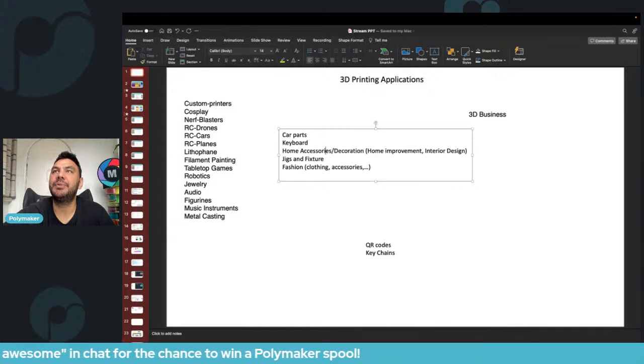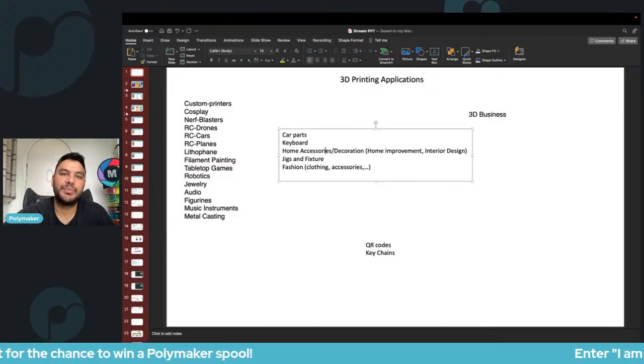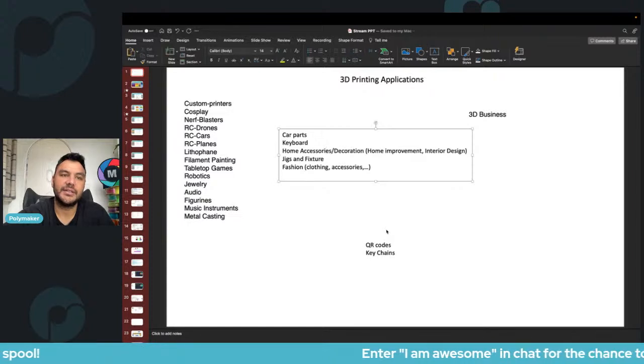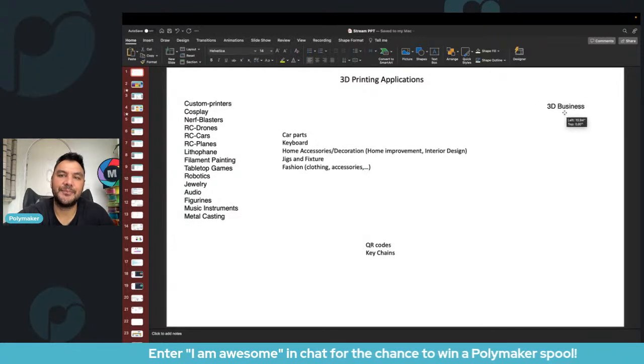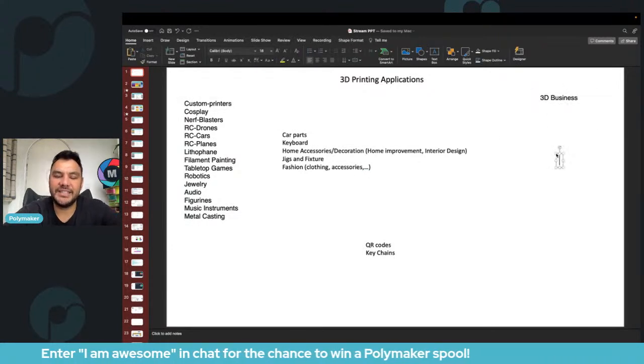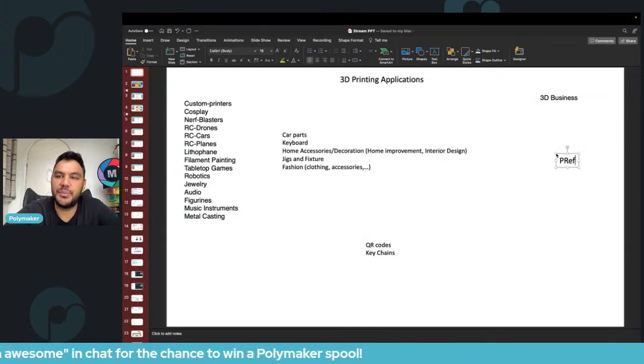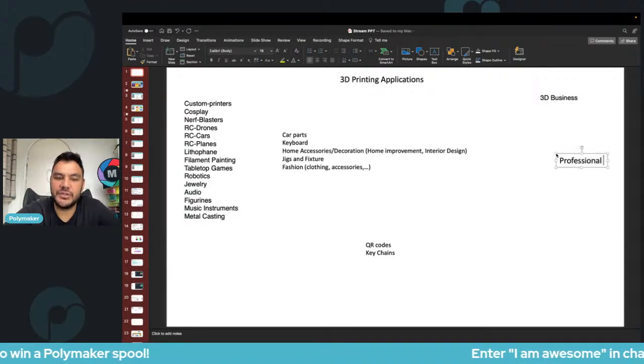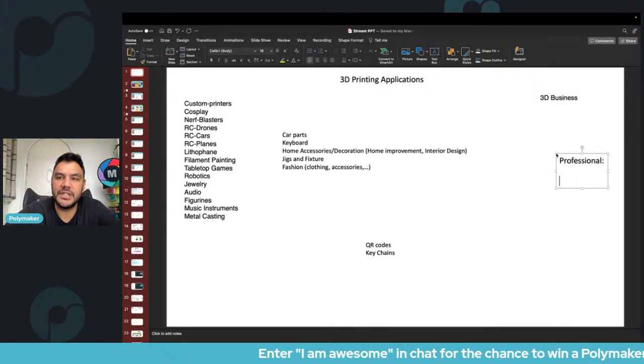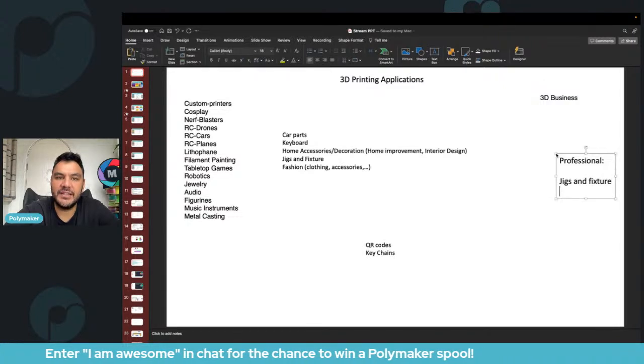Where is prototyping? Prototyping. That would be more like in, so I guess we'll have more of a professional section, right? And in that professional section, we start to have jigs and fixtures, and then prototyping.